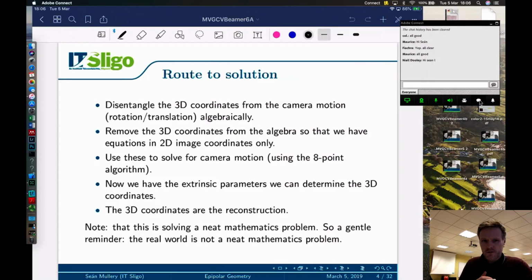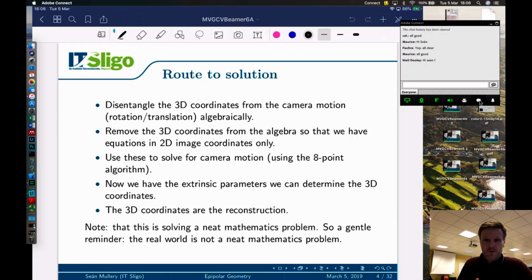So the route to the solution is as follows. We would disentangle the 3D coordinates from the camera motion, and we do that algebraically. So in a linear algebra way, we would try and separate out those different terms from each other. We need to be able to see the rotation, translation, and the 3D coordinates as separate entities within our algebra.